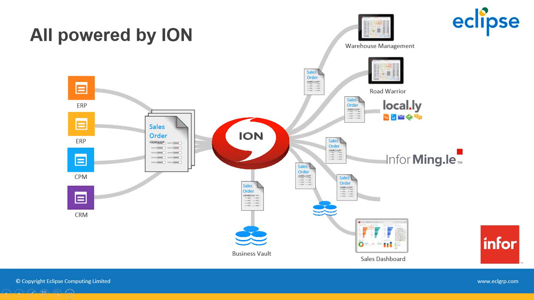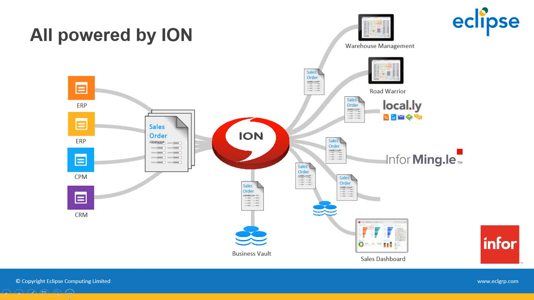So Ion is really a platform, and Mingle in particular is something that allows us to capture all of those things that traditionally happen outside of the core applications within an organization, and to bring them together so that we can make those conversations around a business process visible within a system. So the technology behind that is Ion.